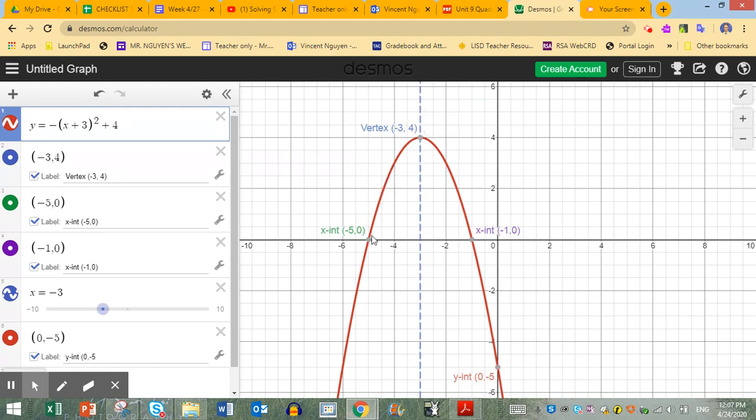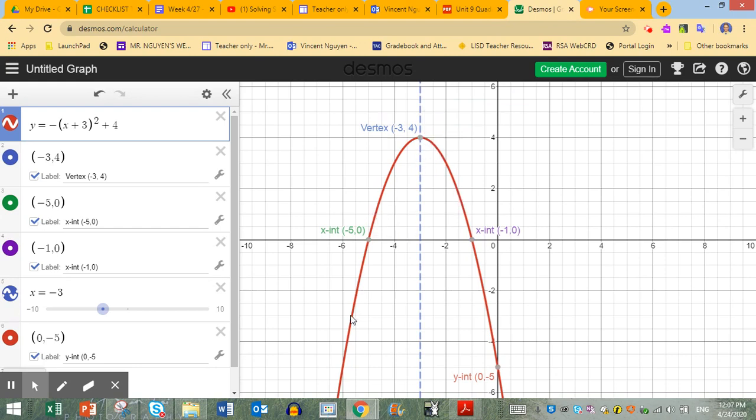So you can say that it's increasing from negative infinity all the way to right here. So on the x value, where is your graph increasing? On the x-axis, it's increasing from negative infinity because it's way over here, and it actually stopped right here. This is the point where the axis of symmetry is. It stopped increasing, right?